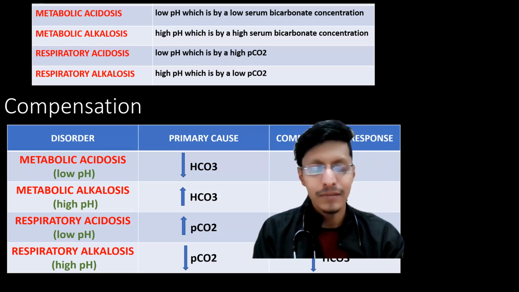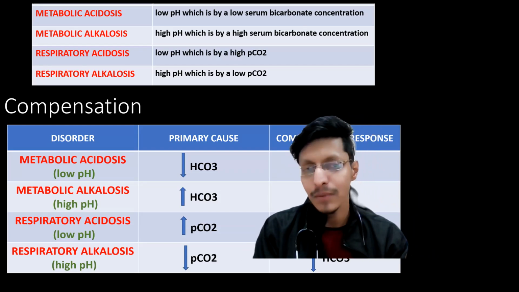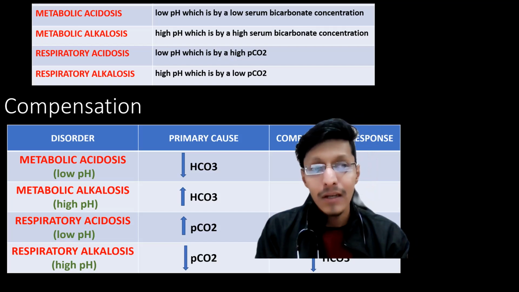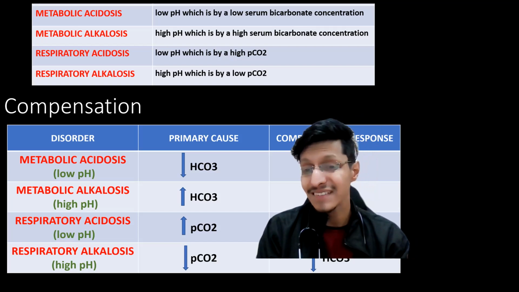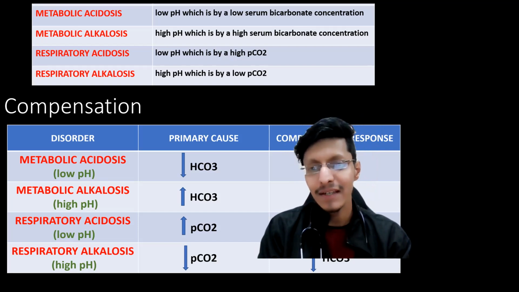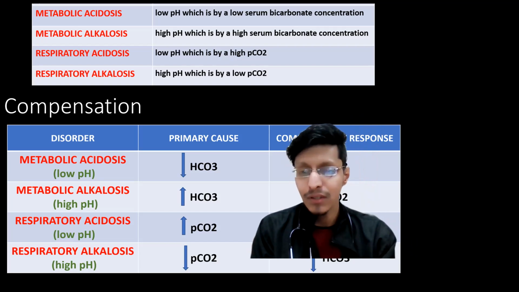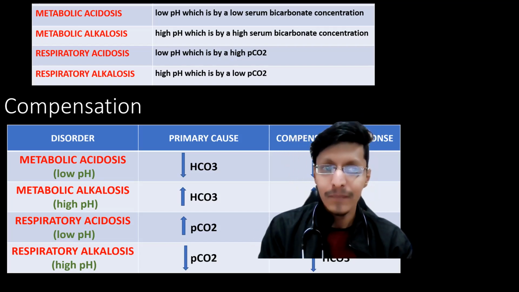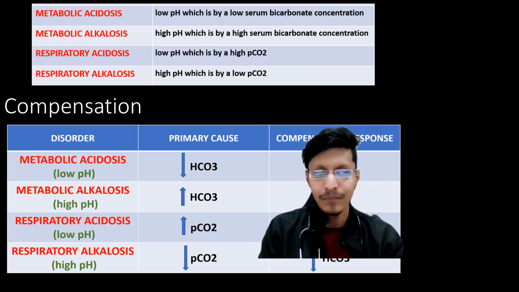When the term acidosis comes to our mind, it means pH is low. Done. Now, what does metabolic mean? Metabolic means there's something going on inside, some metabolism going on inside. Who does all the metabolism? We know the metabolism is done by our kidneys. So here there will be low bicarbonate levels.